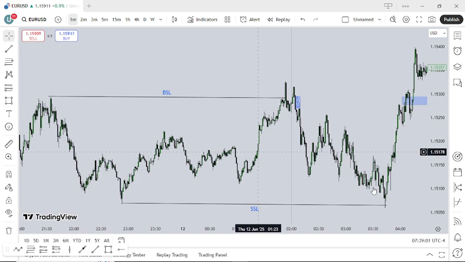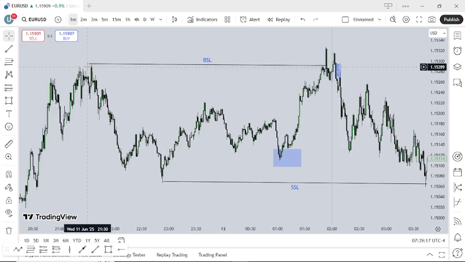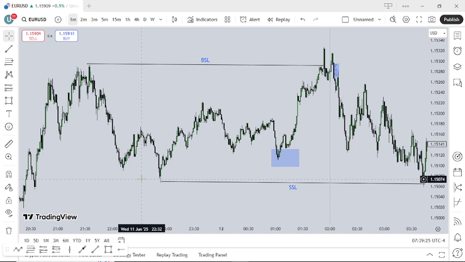How did we know that it is safe for us to target this sell side liquidity and not this particular one? Because if we look at the range, this buy side, this previous high that was taken out before the session open, we will see that that move actually started from this point.